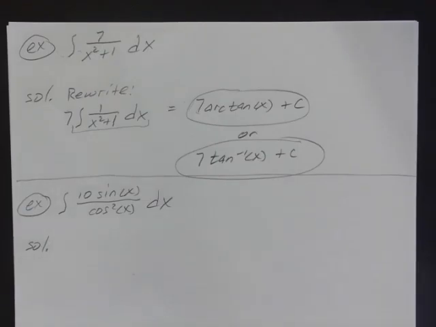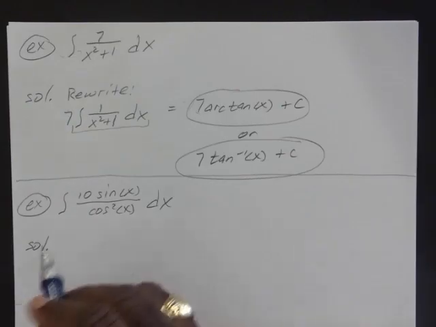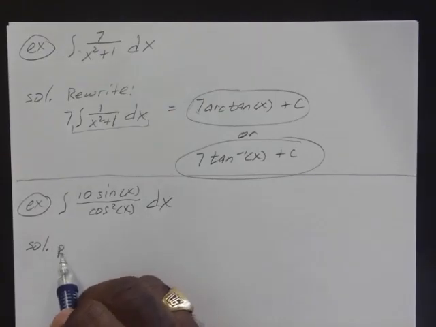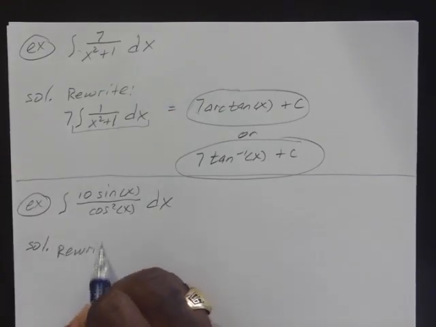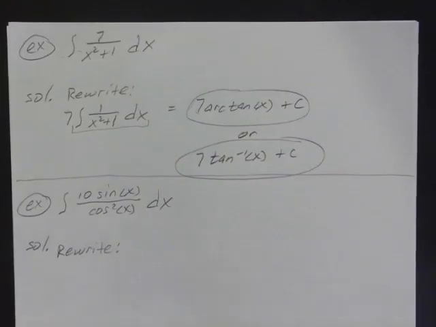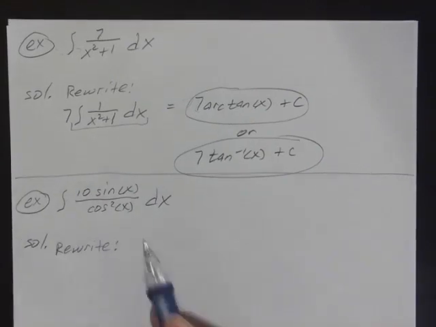Okay. So again, we can look at it and tell it's not in a form that we can just plug into our formula. So of course, we're going to have to rewrite it. And just for convenience, I always get any constants I can and factor them out to the front.